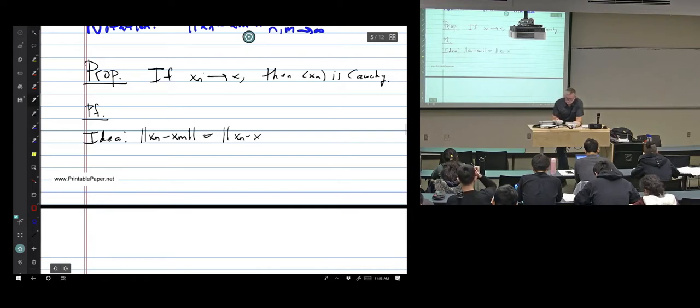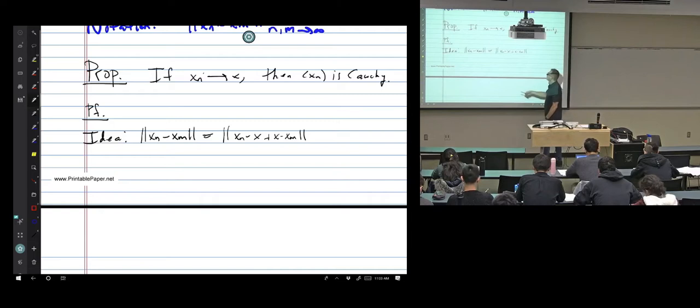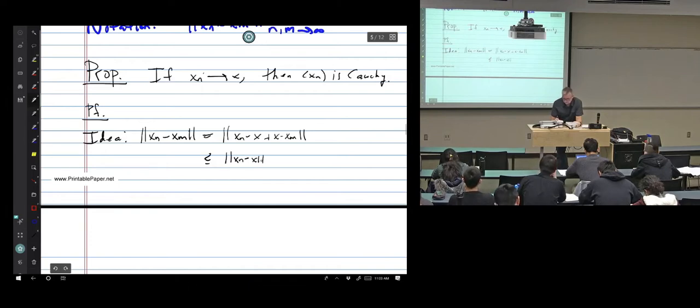But the sequence converges, so I can compare them to the limit point. Okay, so xn minus xm, I subtract x and add x, I haven't changed anything. I add 0. This is less than or equal to xn minus x plus x minus xm.